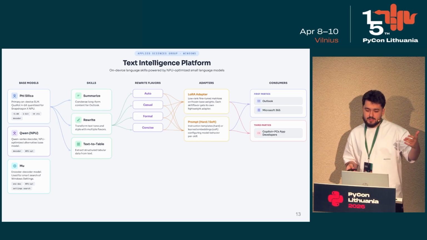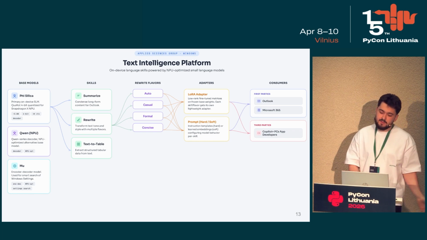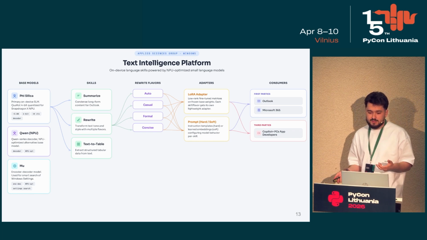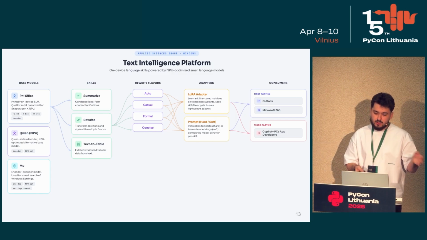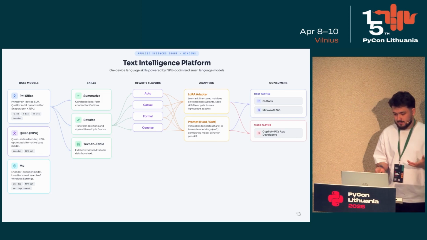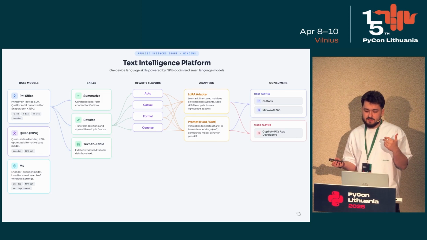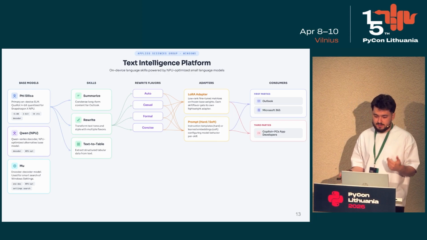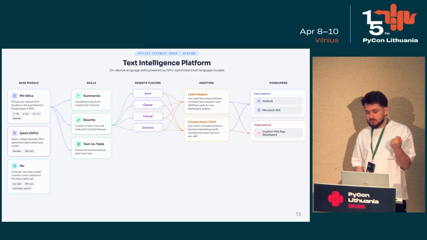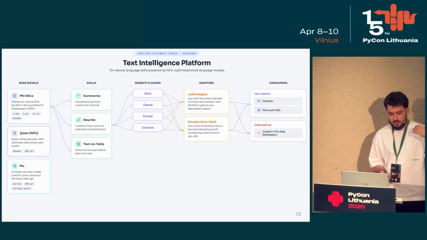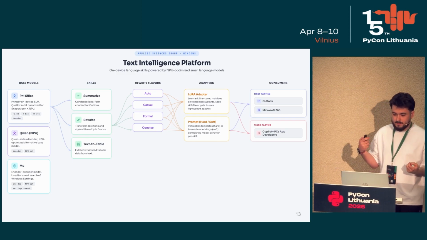Then after we are confident in the quality of those flavors and skills, we ship them for our customers, who could be first party, such as Outlook, Microsoft 365, or Microsoft Office, basically other teams within Microsoft, but it is also available for every Copilot Plus PC app developer. Folks who are building .NET apps on Windows can trigger these text intelligence skills within their apps through the SDK, which is also useful for the developer community.